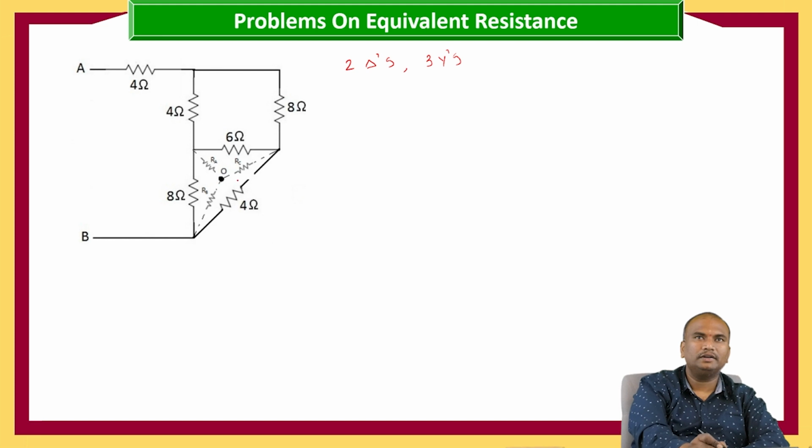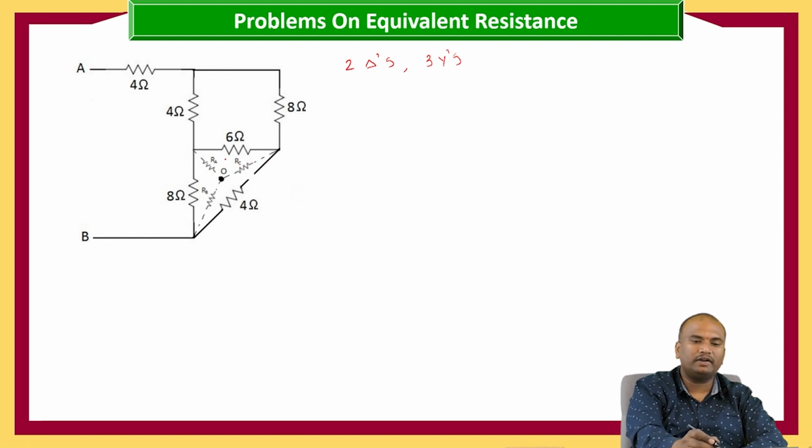So here I am taking this 4 ohms, 8 ohms and 6 ohms as the delta I am considering. So here this is the R1, R2, R3. These are the resistors which are connected for star transformation.